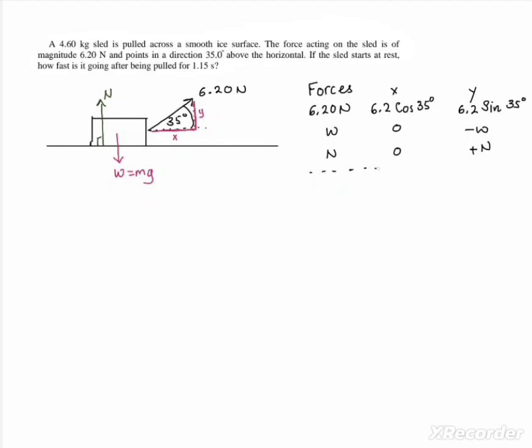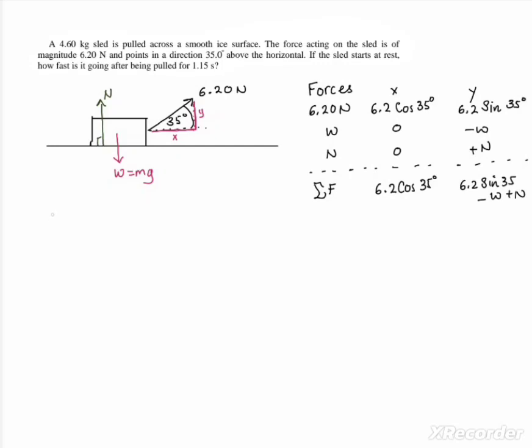So next up, once we write this, is to add up. This is sigma, which is the sum of all the forces. So x component is 6.2 cosine of 35. And in the y component, it would be 6.2 sine of 35 minus w plus n.